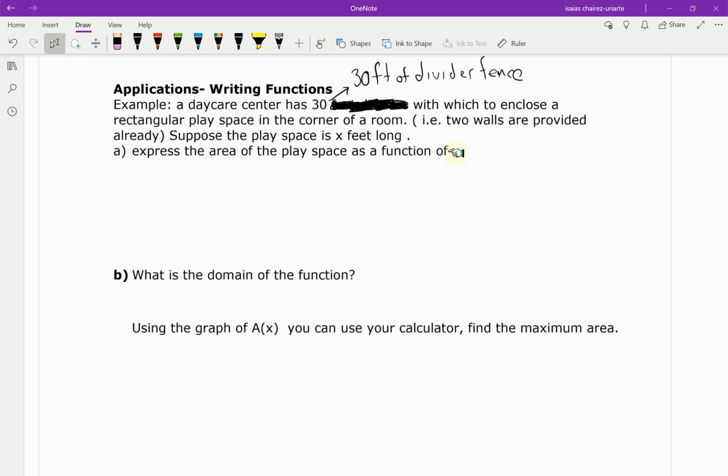All right, let me sketch something here to get us thinking about this. So we are in the corner of a room. Let me draw the corner of a room. Those are walls. This is one wall and this is another wall. We're supposed to use some of this divider fence and make a little rectangular pen.